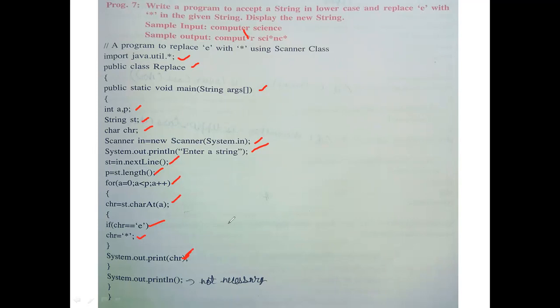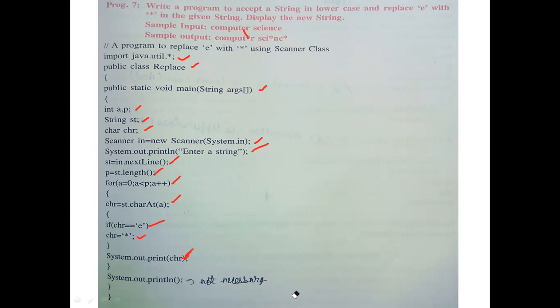I don't think this line is required. Print is not necessary at the end. Nothing is printed here, right? So this print is not necessary. This line is not necessary to write.